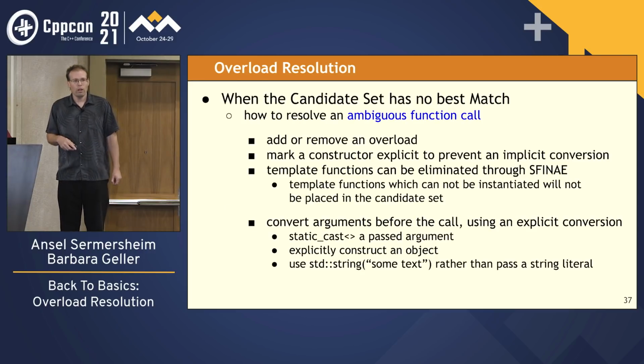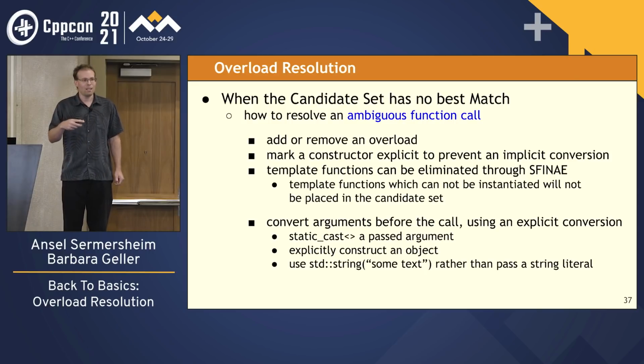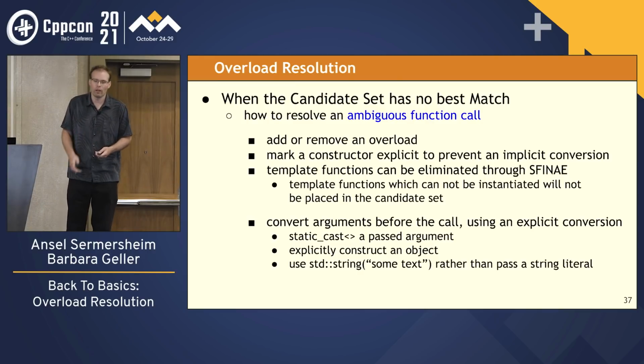You can also convert the data types that you're passing before the call, so you can influence the input to the overload resolution process by using an explicit conversion. You could static cast some of the data that you're passing, or explicitly construct an object to change what is considered during overload resolution.